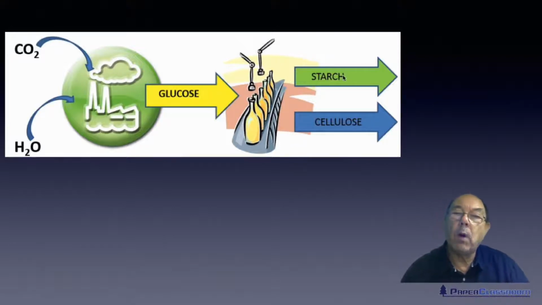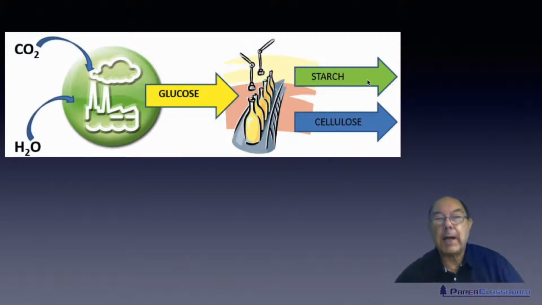If it does it in one way, it will produce starch, and starch is the energy store for the plant. So it does store starch in some of its leaves, but if you think about a potato as an example, a plant will create a huge storage of starch in its root in the form of a potato.